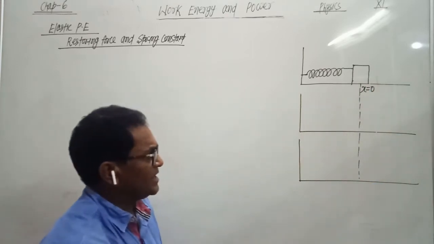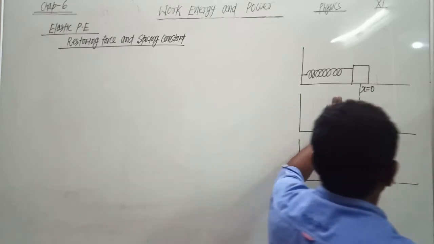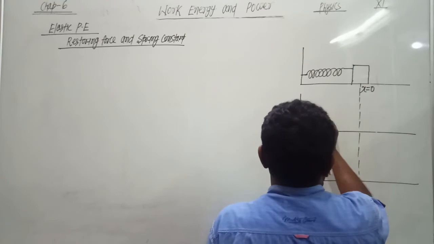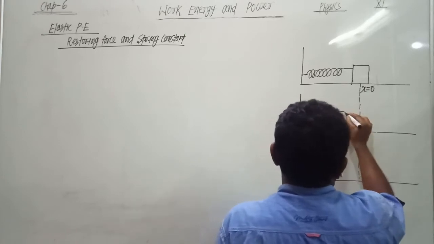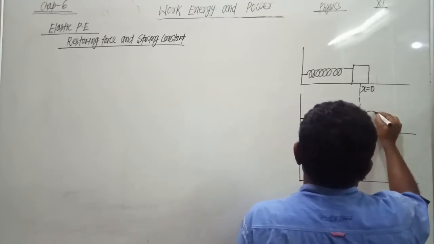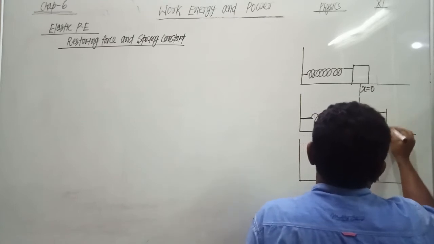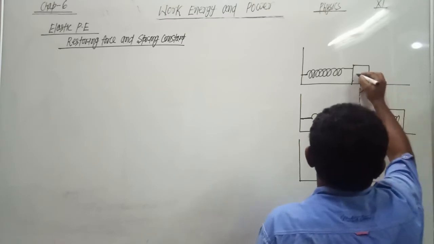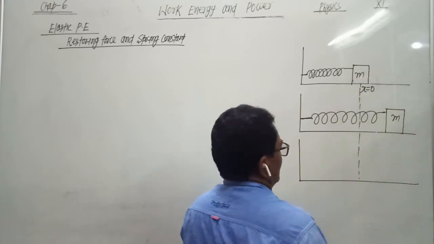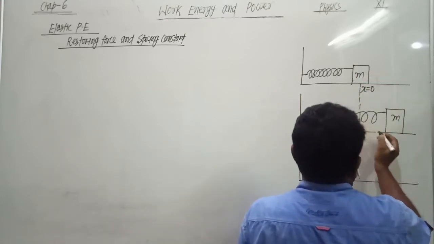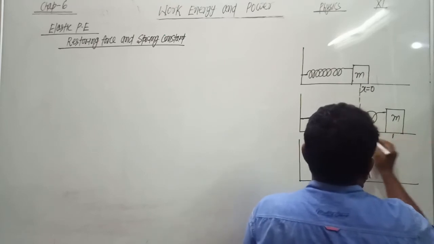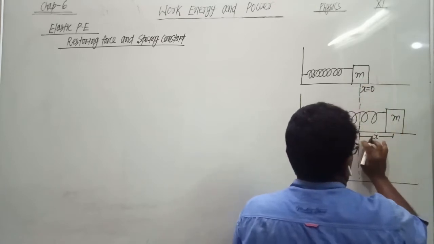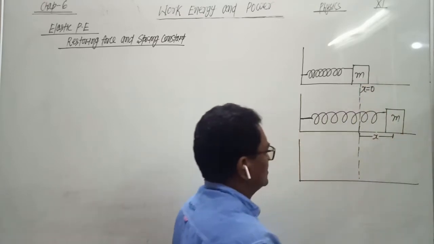Now the spring is stretched in forward direction. In this position, the displacement is x. Here x equals 0, and here the displacement is x.